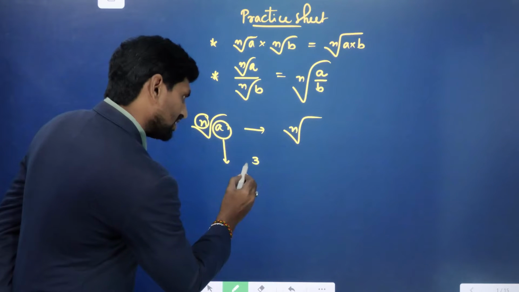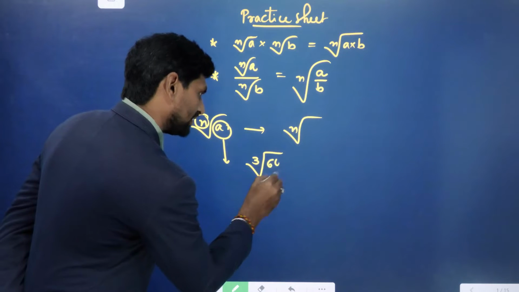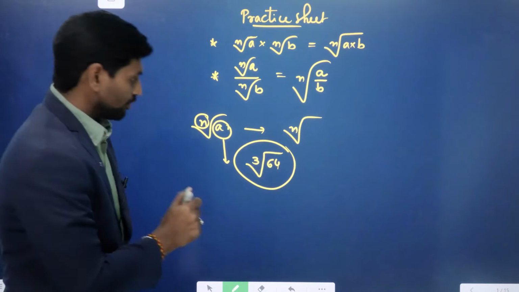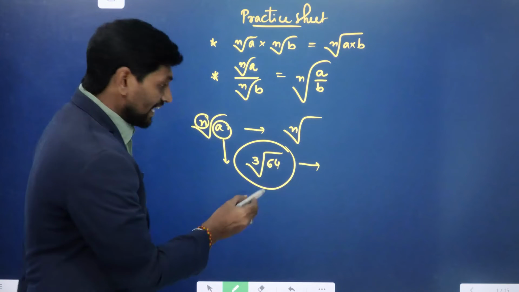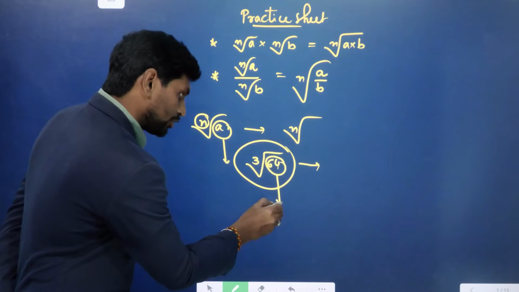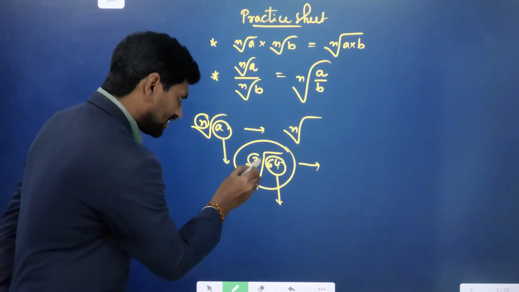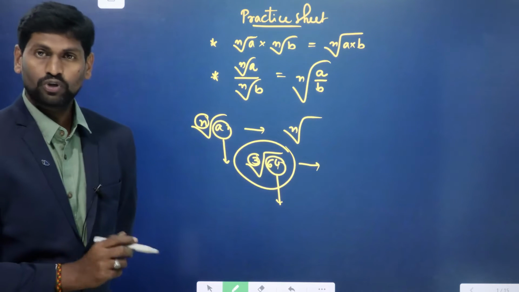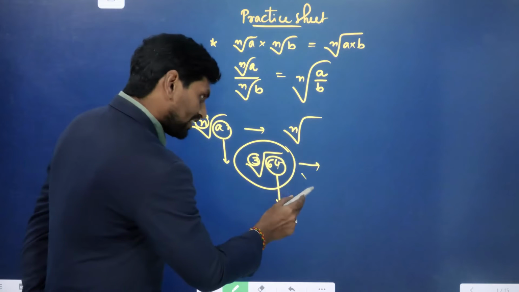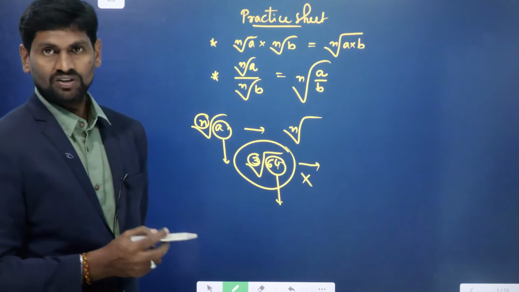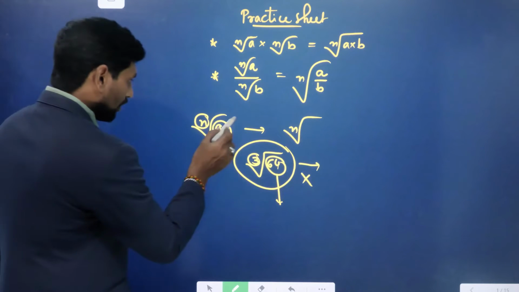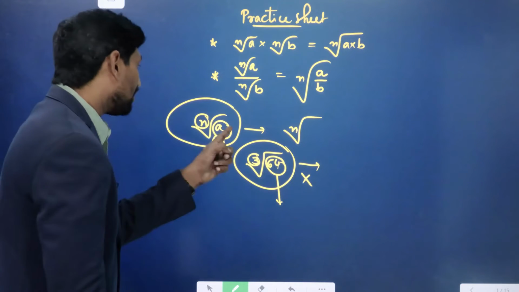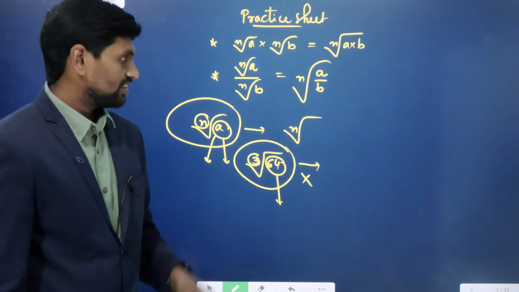For example, if you take cube root 64, is it a surd? The radicand 64 cannot be a cube number because the order is 3. But 64 is a cube number, 4 cube is 64. So it is not a surd, it is a rational number. To express the surd form of a number, the radicand should not be a power of its order.